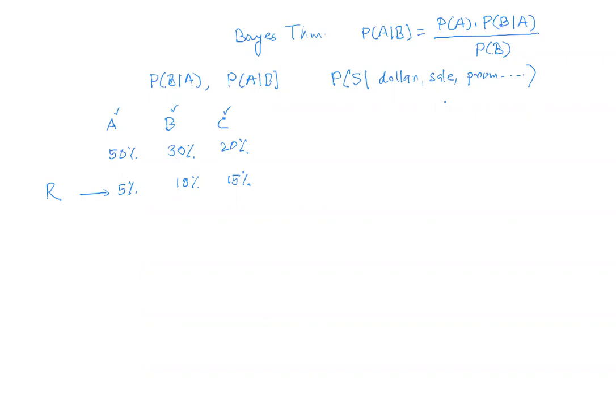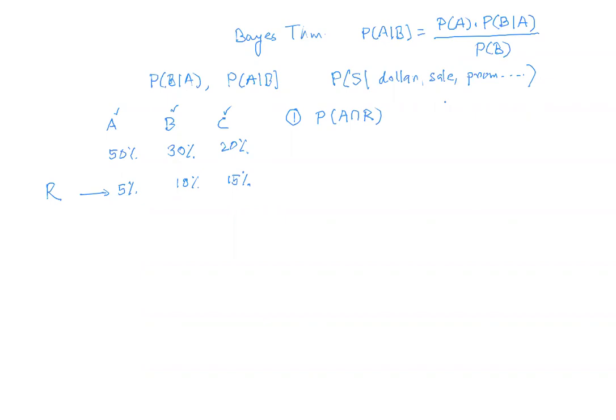Now, the first question asks you, what is the probability that the person stays at hotel A and has reservation problem? So in essence, the question being asked is probability of A and R. That means stays at hotel A and has reservation problem.